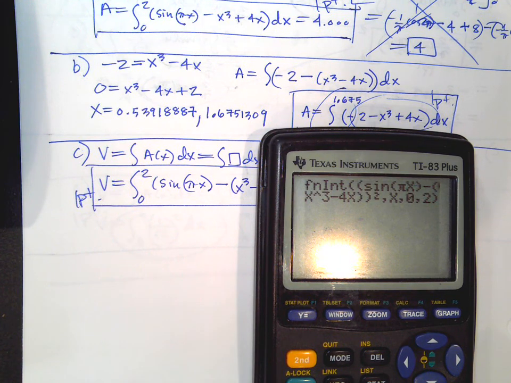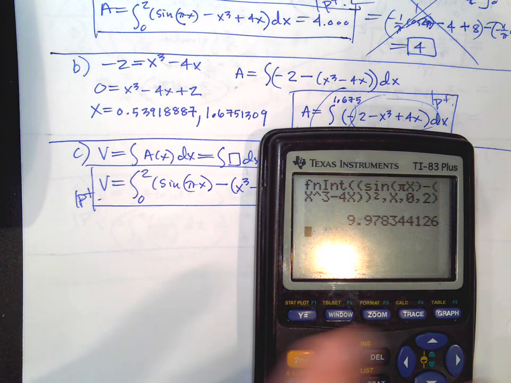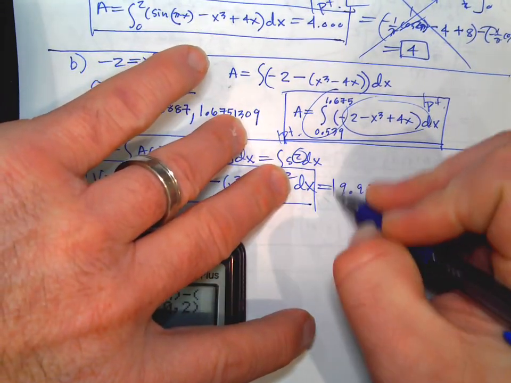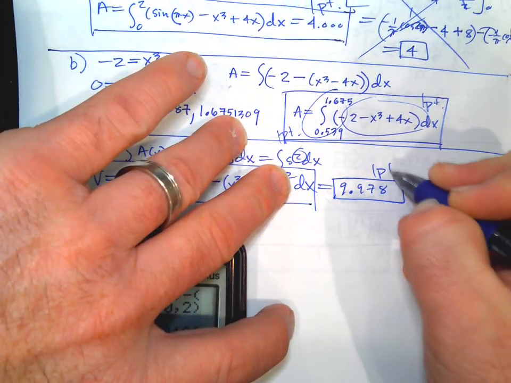You get real quick at typing it in, and there's your answer. 9.978. 3 decimals, actually truncated. That's the other point.